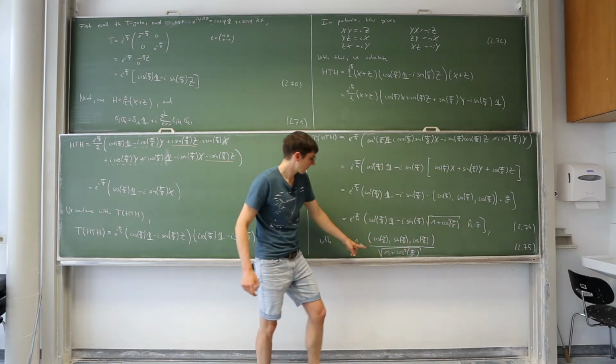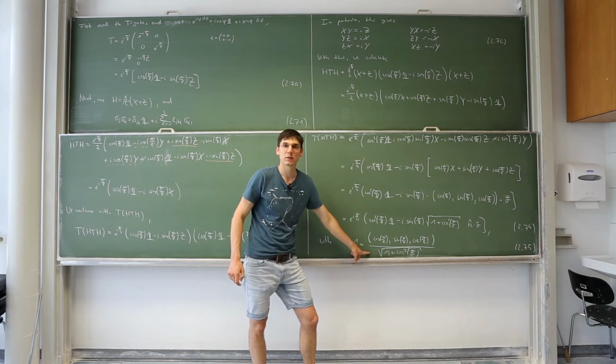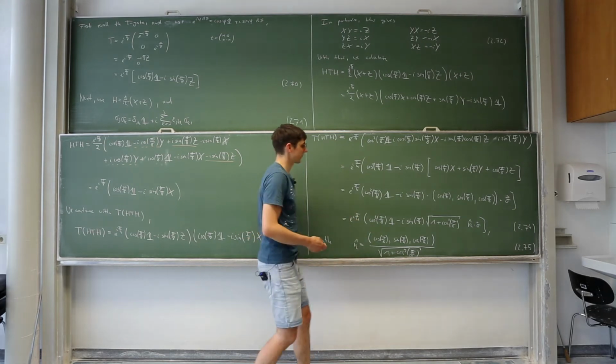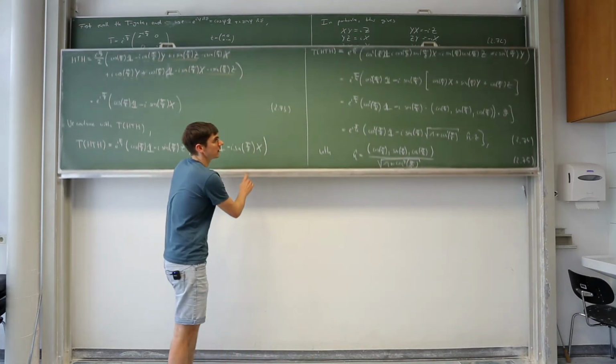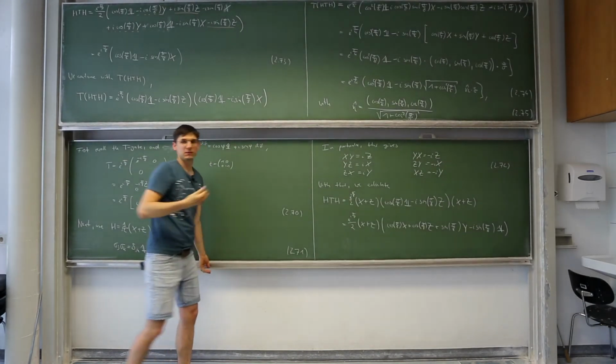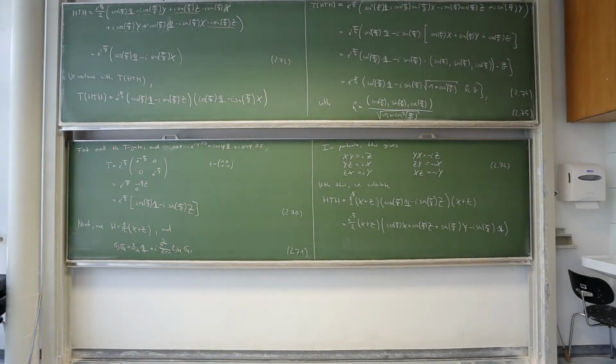N is now a normalized vector, right? And the next as a rotation matrix, right? So we have to redefine the angle such that we get a nice rotation matrix.